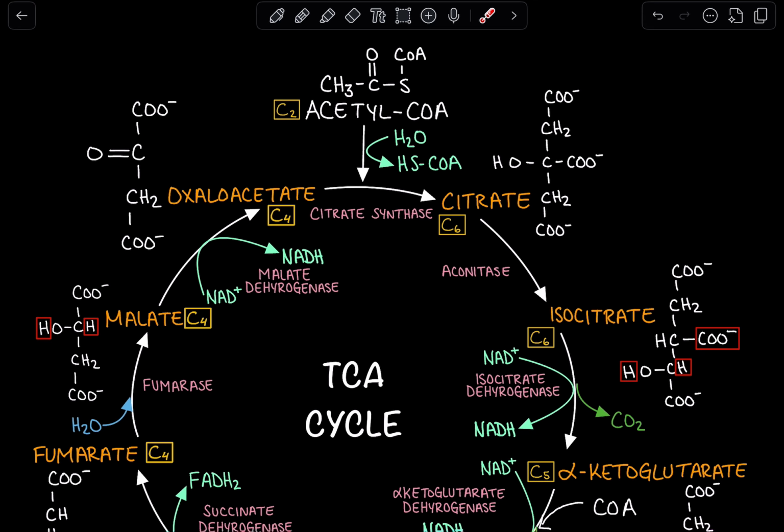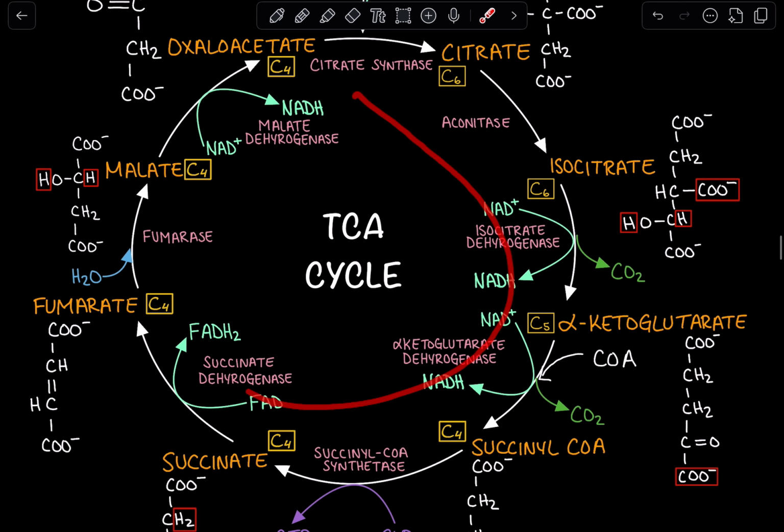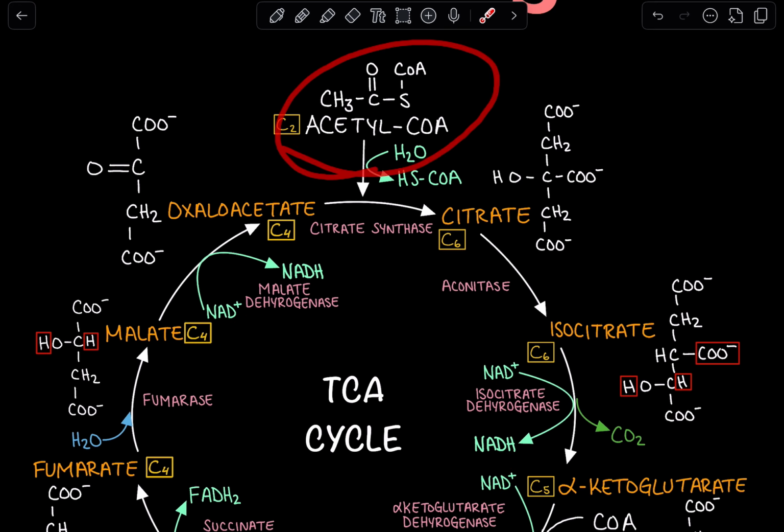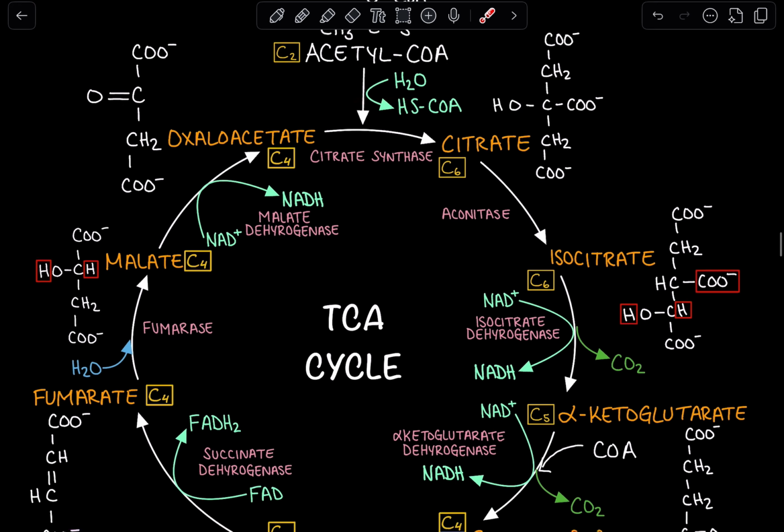And whenever we think of a dehydrogenase, remember, you need to think of electron-carrying molecules. Here we have NAD+. Now, NAD+ is going to be reduced, and we get NADH as our product, and then we get oxaloacetate.